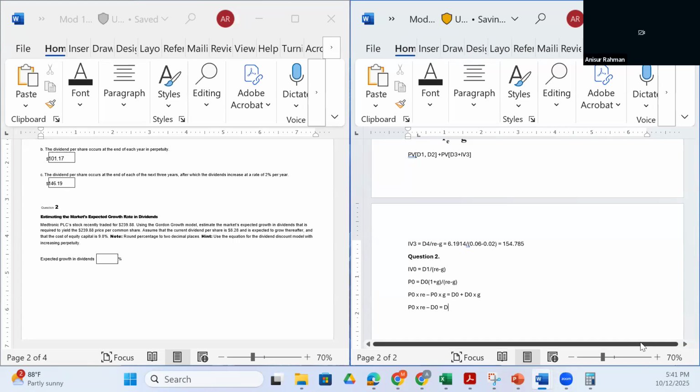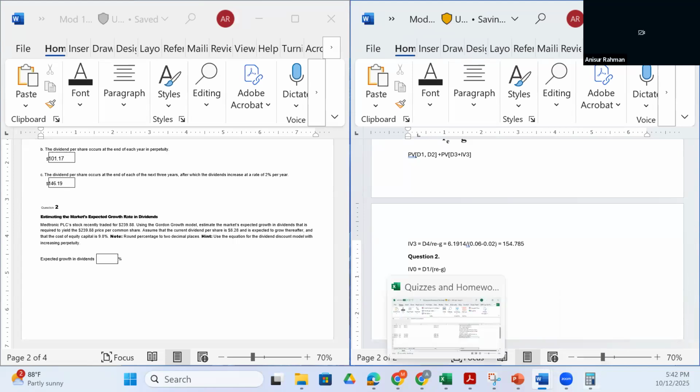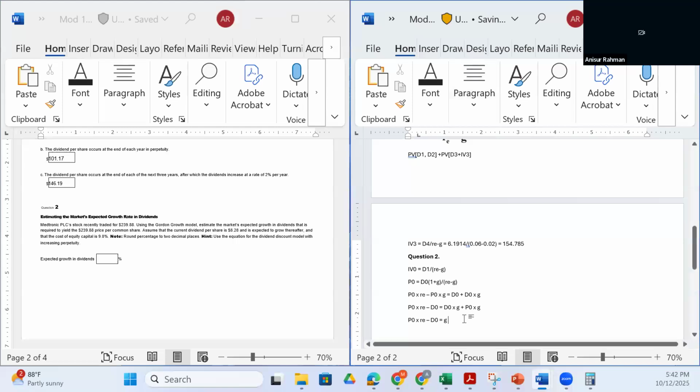And on the right hand side, we have P0 times G. On the right hand side, we kept that, and also we brought from the left hand side P0 times G. So now we have P0 times RE minus D0 is equal to, on the right hand side, we are going to factor G. So we will have G times D0 plus P0.